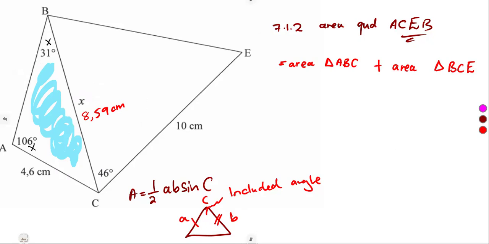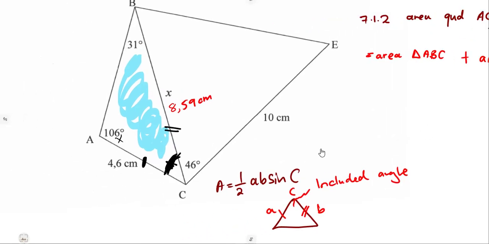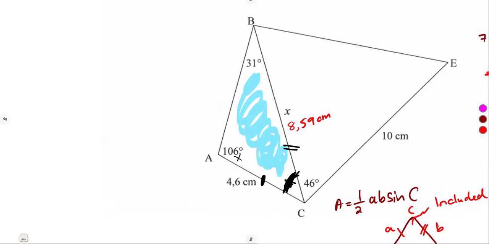If we move on to the other part, this angle is not given, but there are two sides that are creating that angle, which makes it an included angle, where we are given two sides and an angle in between, but that angle is not given. But remember, we are dealing with a triangle, so we can determine that angle because angles in a triangle add up to 180 degrees.